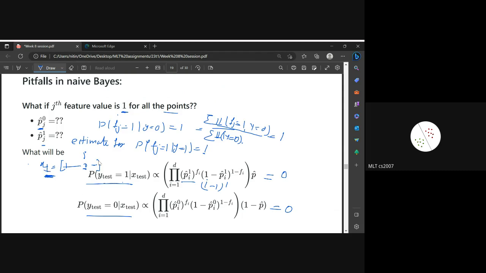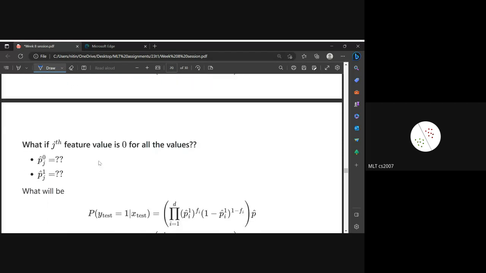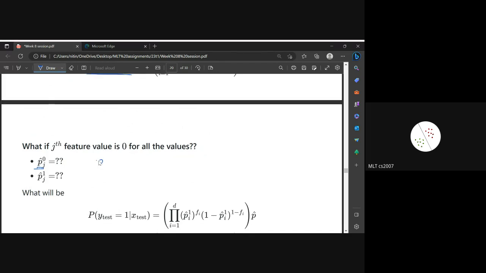That's what is happening here. The test data point comes with the jth feature 0, but there are no training data points in which the jth feature has value 0. So this is where Naive Bayes fails. Similarly, if the jth feature value is 0 in this case, what will this estimate be? It is 0.